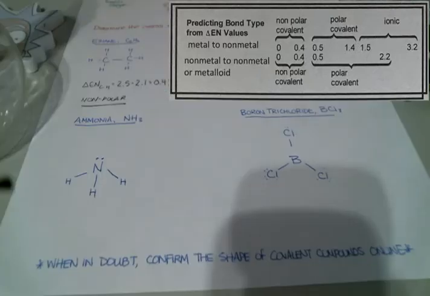The last two molecules we're going to look at are ammonia and boron trichloride. Now you notice I put a little note at the bottom there, especially with covalent molecules, as you guys know from Unit 1, they can have lots of atoms, and the atoms can be in all sorts of interesting configurations and arrangements. So, as it says, when in doubt, punch these things into the internet. Make sure that if I ask you to find the polarity of a molecule, that you know what it looks like.